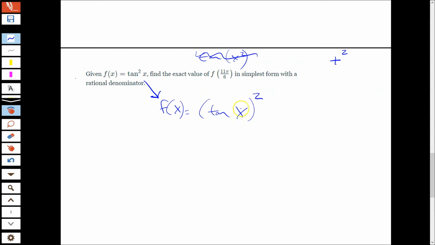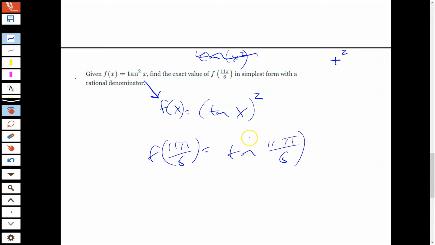But you can rewrite that if you want like this, just make sure you use parentheses around the whole thing. And then it's just like we did before, so I shouldn't say equals there, I should say f of 11 pi over 6 equals, right, tangent of 11 pi over 6 squared.